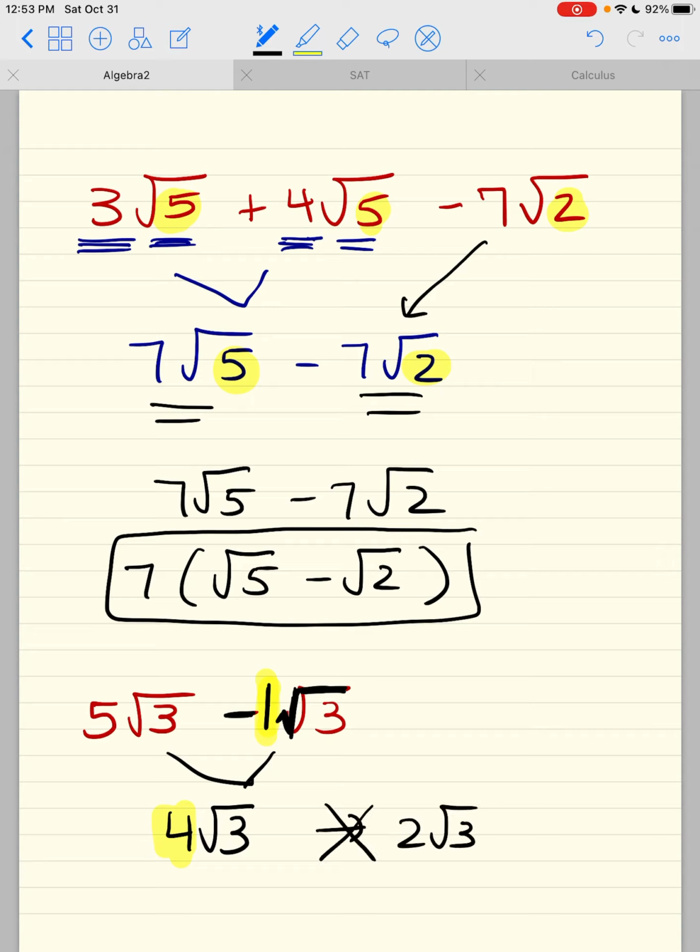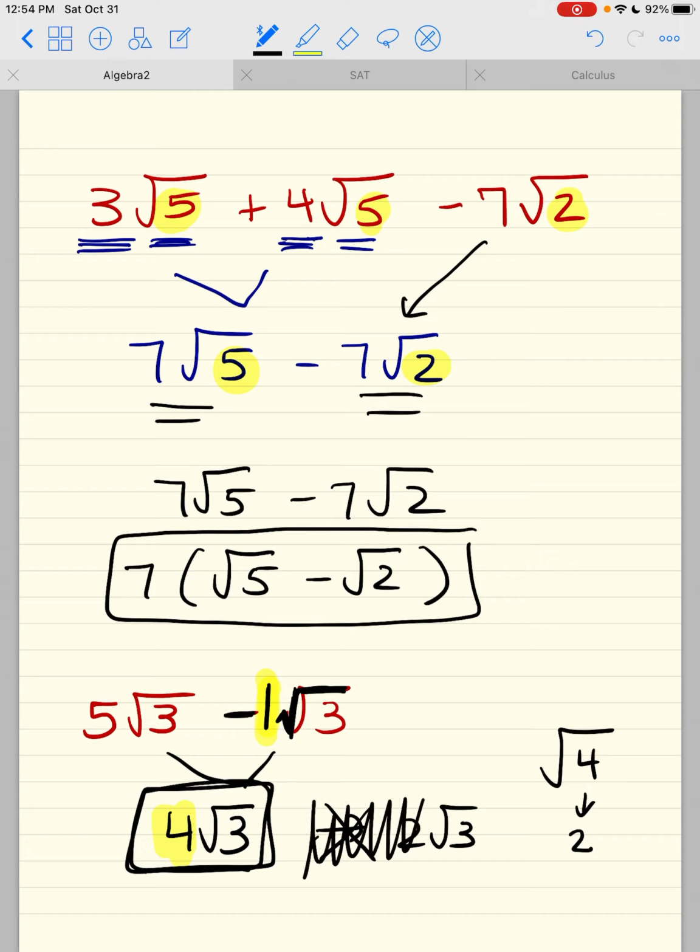Do not do that. Unless it says square root of 4, which is then 2, do not break down numbers unless there's a square root on top of it. Okay, so these are common mistakes that students make. Your answer is 4 radical 3, and you are done.